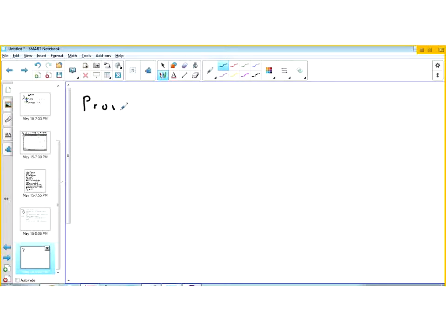Prove that the limit as x approaches 0 from the right of the square root of x is equal to 0.